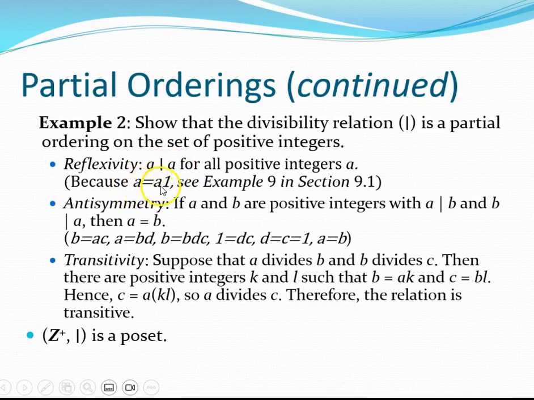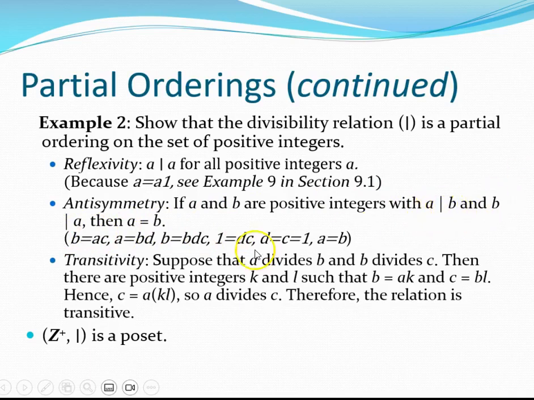It is because a can be written as a times 1. The relation is anti-symmetric because if a divides b and b divides a, then a is equal to b.